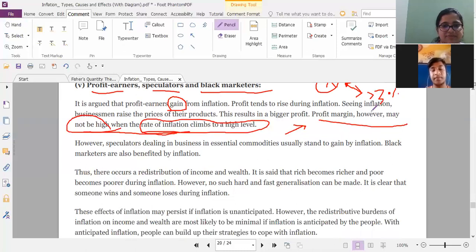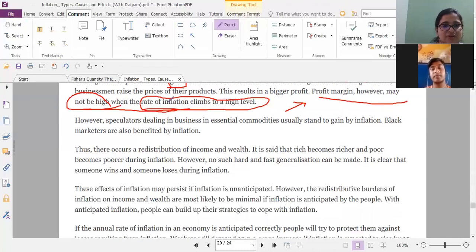Okay, now we'll see how speculators dealing in business are affected. Who are speculators? Actually, they tell us the value of money in the future. So they are predictors. They predict things. Speculators dealing in business in essential commodities usually stand to gain by inflation.